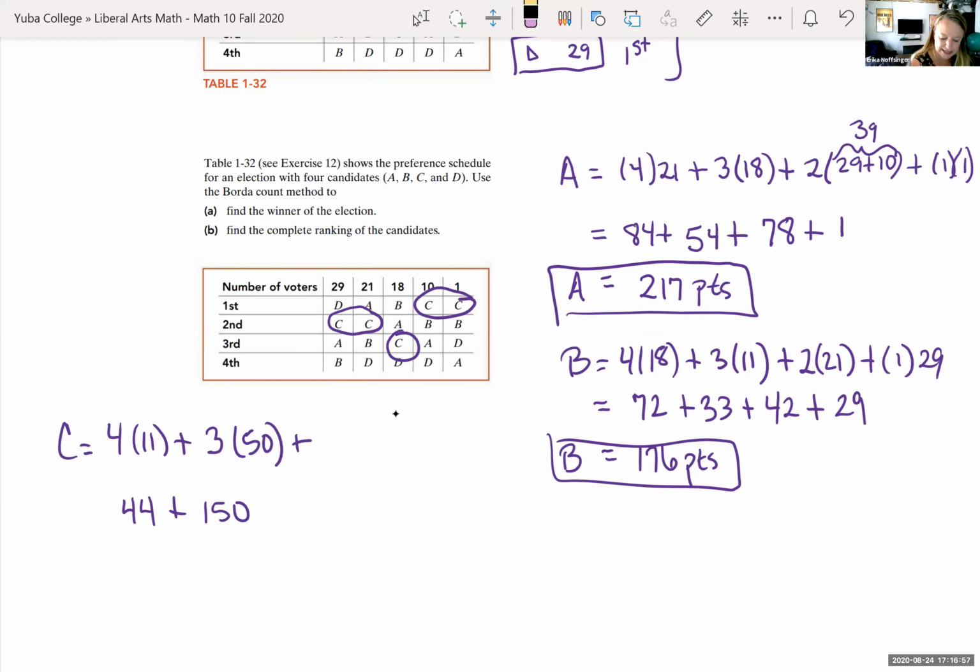C has 18 votes for third place. That's only worth 2 points. So 2 times 18 is equal to 36, so plus 36. And then they don't have any last place. So 44 plus 150 plus 36 is 230.